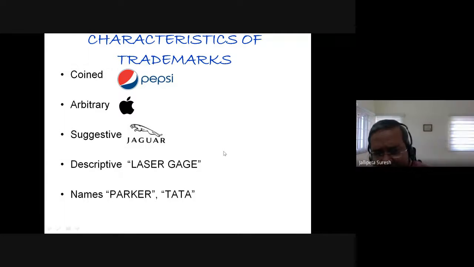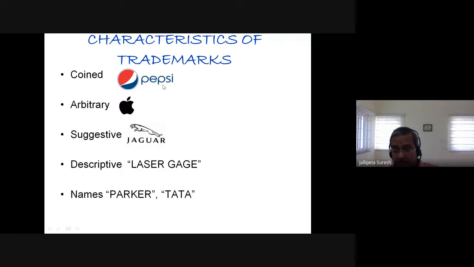If you look at the characteristics of trademarks, there are some characteristics that are appropriate for trademark. That is, inventive trademark or coined trademark, we say, for example, Pepsi. That means this expression is a coined expression, nothing to do with the product in relation to which the mark is applied. It could be an arbitrary mark like Apple trademark, nothing to do with computers.